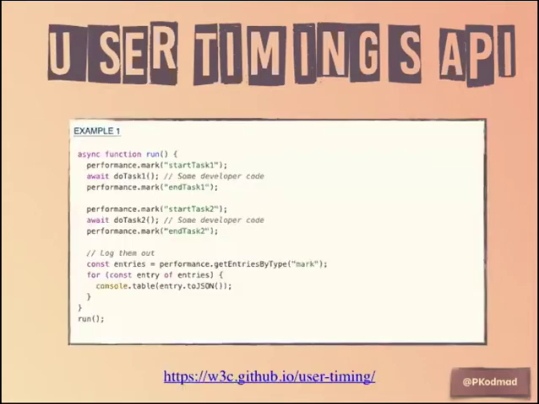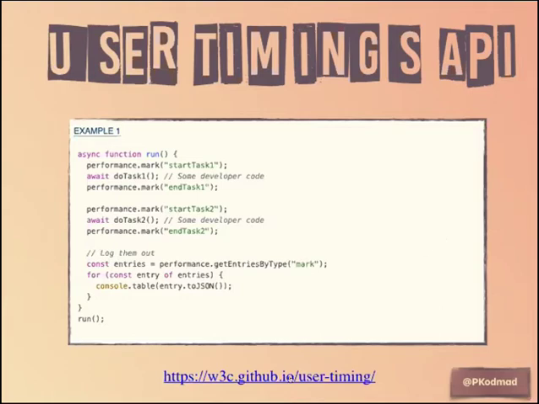Marking, this is the code that you would typically write. So before you do a task, you can start a mark, you can have an end mark, and these will be timestamps that it will return, and you can store them and see them in your console and see how things work.